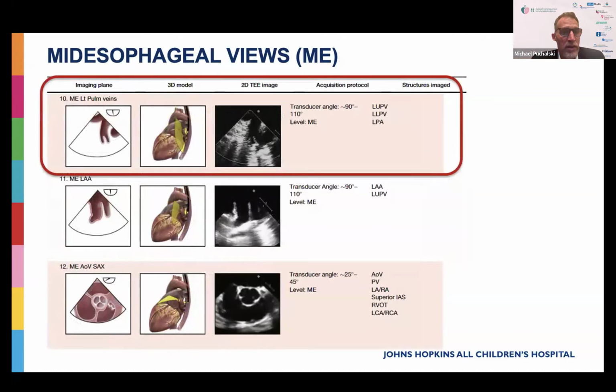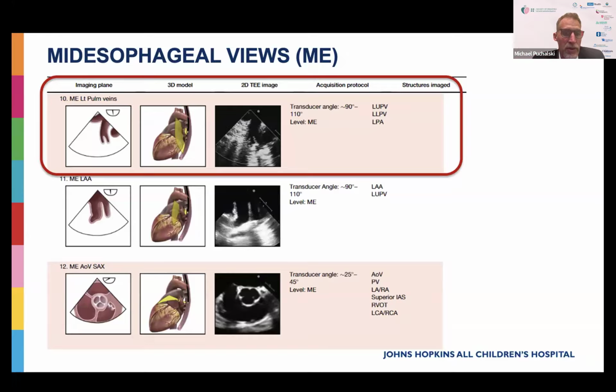And then the reason why this plane 10 is highlighted is the difference between the pediatric congenital guidelines and the adult guidelines. So in the PEDS guidelines, we recommended rotating all the way leftward at a 90 to 110 degree to pick up both pulmonary veins coming from the left.